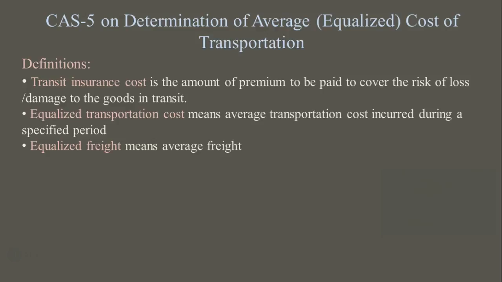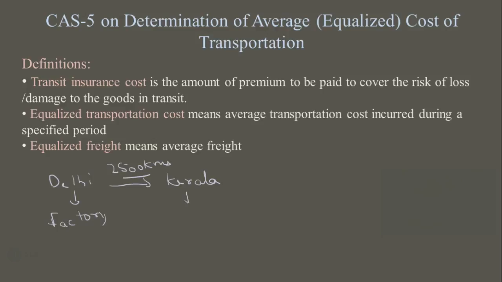Suppose the goods are located in Delhi. Factory or depot is in Delhi, and we have to sell the goods from Delhi to, suppose, Kerala, around 2500 kilometers away.